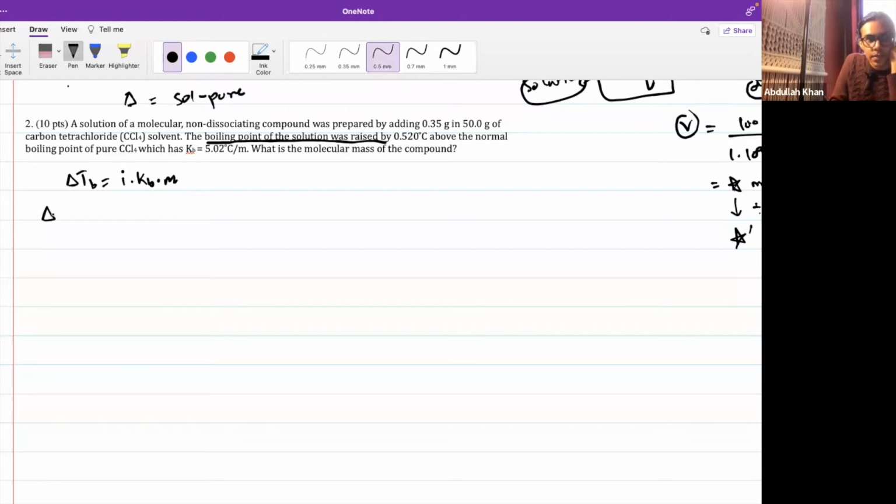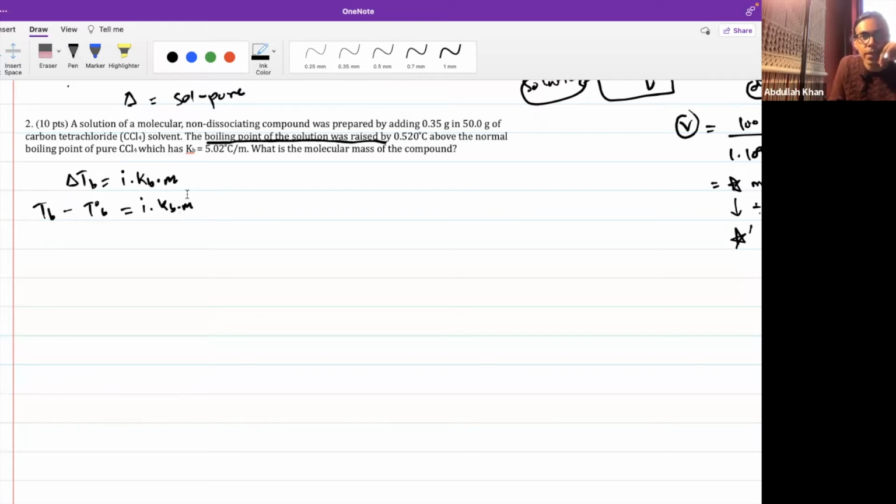So let's just expand this real quick. TB, which is of the solution, minus T0B, which is of the pure solvent, equals I times KB times M. Awesome. Let's start plugging in things.